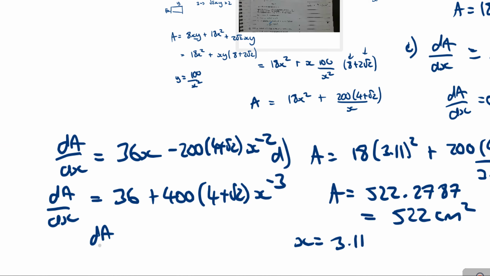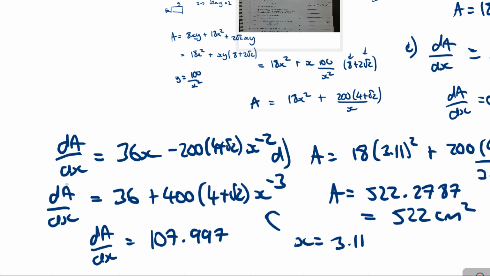We sub in x equals 3.11 into this equation, so you get 36 + 400(4 + √2) × 3.11^(-3), and that gives an answer of 107.997.